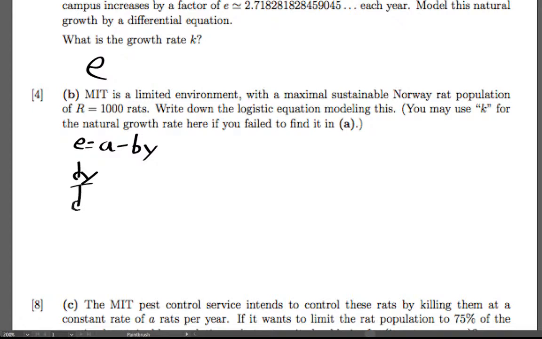Well, actually this thing should be r. This one would be r. This would equal to a r minus b r squared. So I hope that's the correct answer.